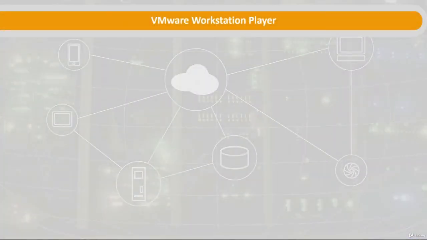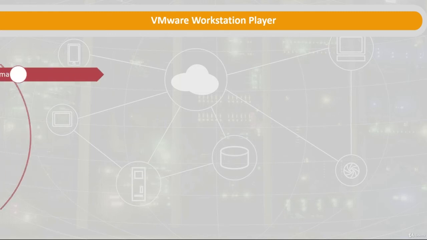VMware Workstation Player. So with virtualization software, you can create a fully functional real-life network inside your host computer. Virtualization software is very powerful, and it also has a rich set of features compared to dual booting machines.